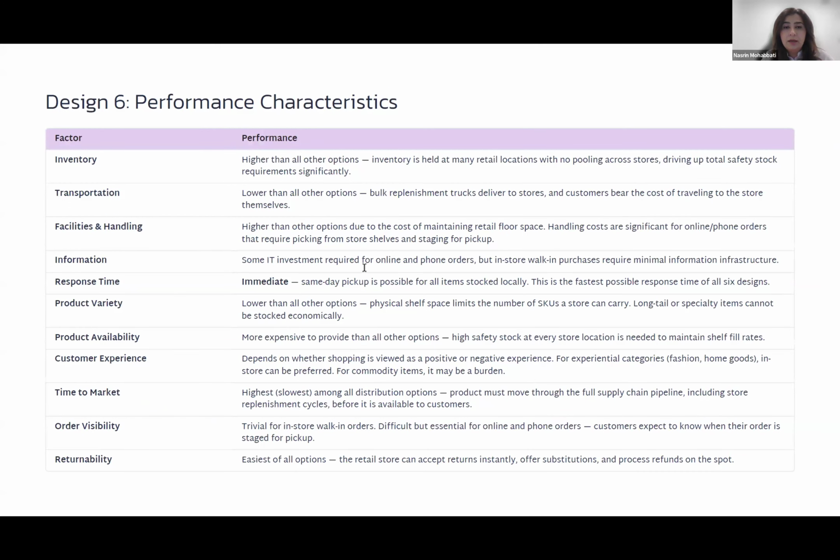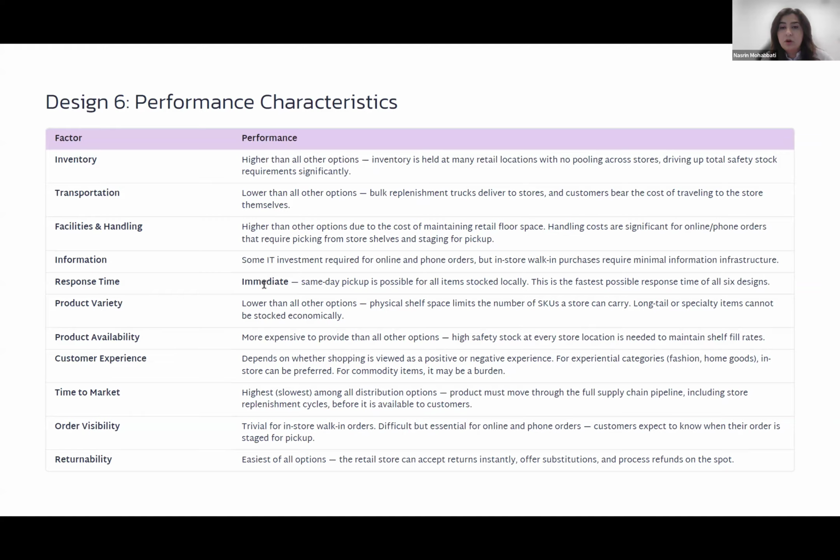Information system, a little bit better because all demand requests go to the retail store rather than manufacturing centers. Response time will actually be immediate, right? So customers can walk into the store and purchase the stuff, or they place it online and go pick it up in a store, basically same day pickup.